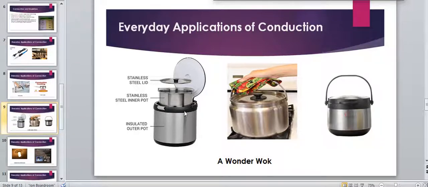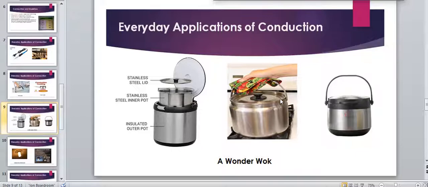So after heating, when you place the inner pot inside this cooker, by the help of its insulating outer body, the heat will be trapped inside this cooker, and at the time of the meal you will be having your fresh and hot meal.